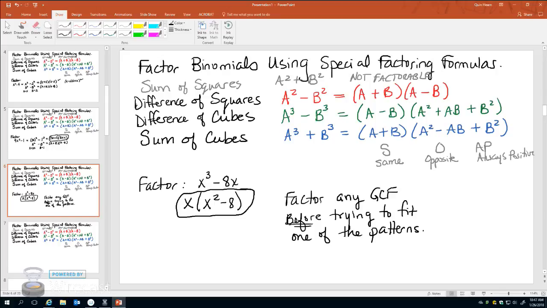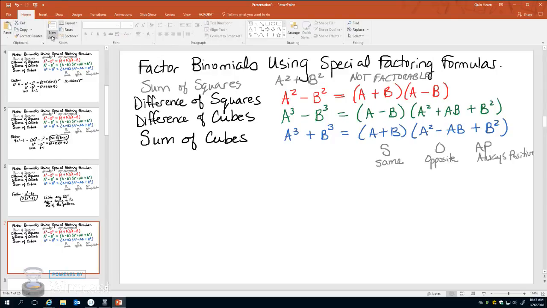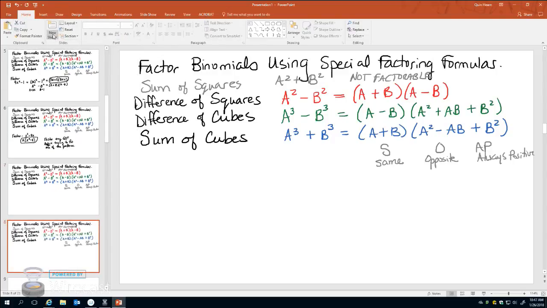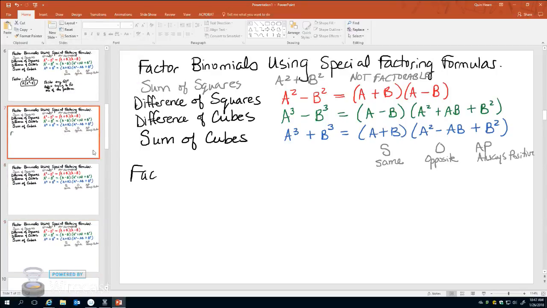Okay, let's look at a couple more. What if I asked you to try to factor and I gave you 8y cubed minus 27? Okay, so first of all, we look for a GCF, but there's nothing that goes into 8 and 27 evenly.